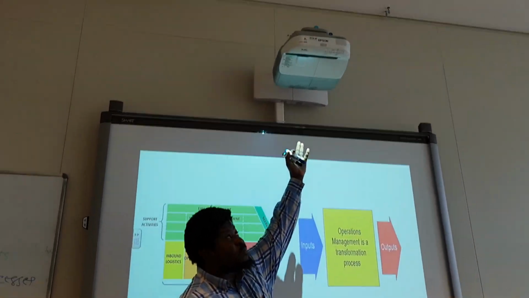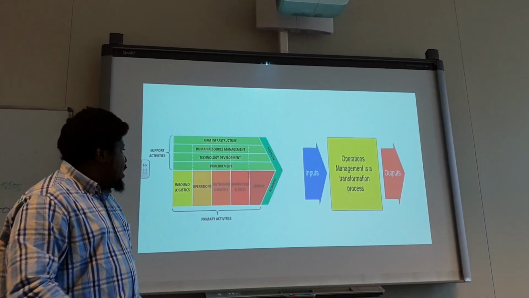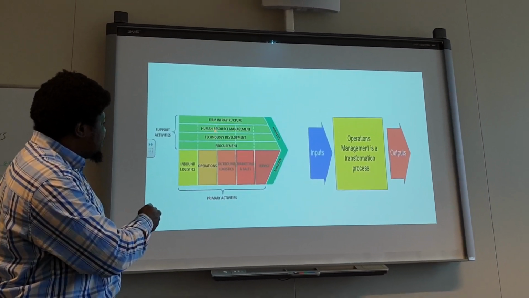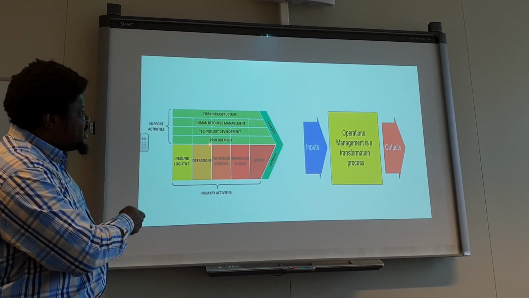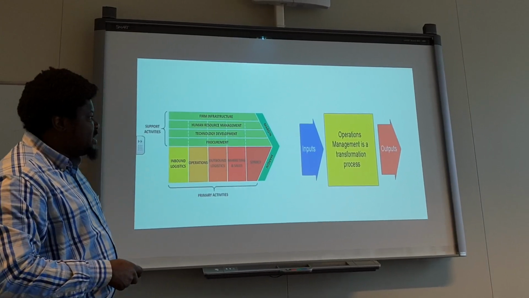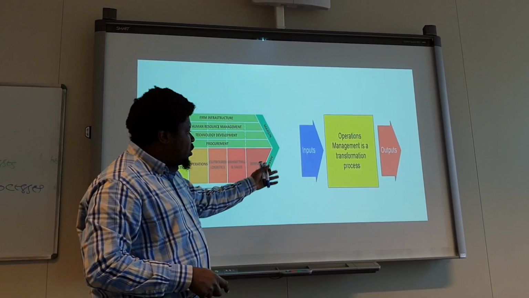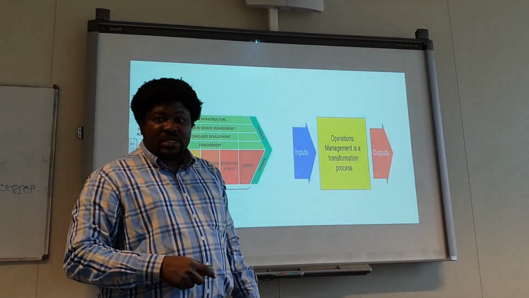ICT, can you show that? That is a support activity to the university. Okay, so all these support activities and the main activities, primary processes, must be singing from the same hymn book for that organization to achieve profit and gain competitive advantage. Don't forget, I talked about the input, transformation, and output process as well.